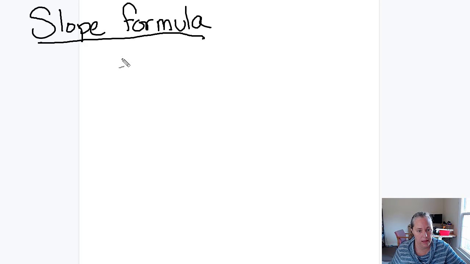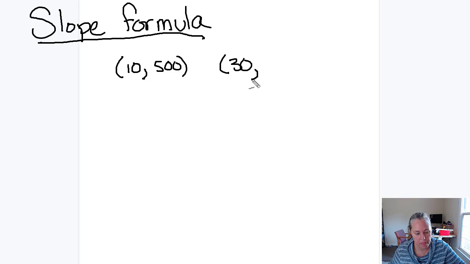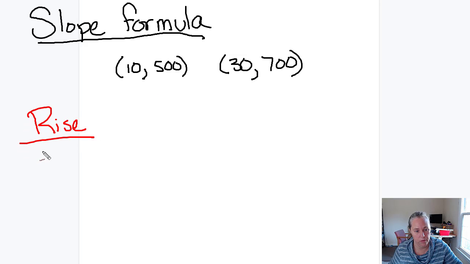So in the last few classwork and videos, we've been working with these 2 points, (10, 500) and (30, 700). So this is discussion. You're welcome to take notes or not. We know that the slope of the line between these 2 points is rise over run.